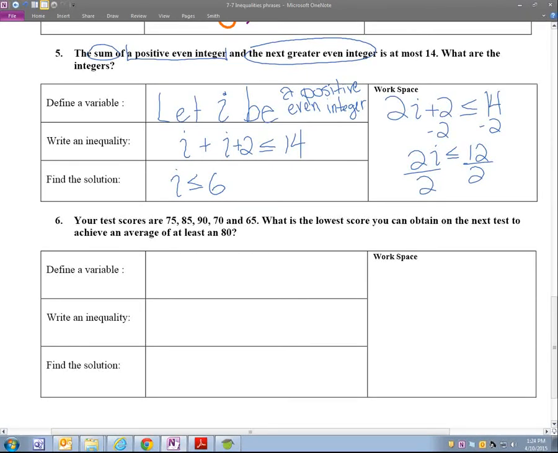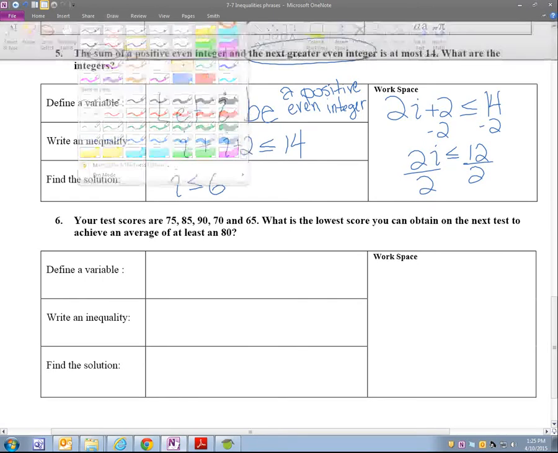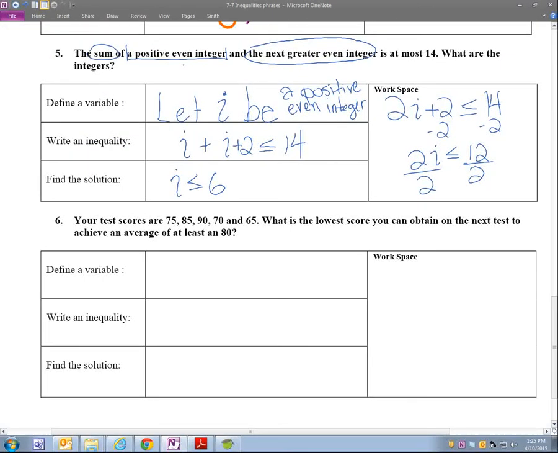In this situation, it's one or the other, because if I substituted a number that was 6, if I wanted to substitute any number in this inequality to make it less than or equal to 14, I could do the number 6.